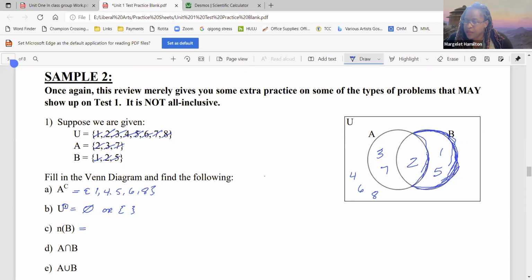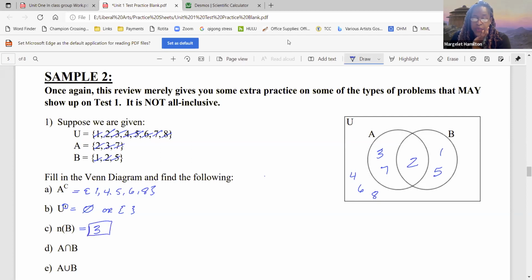Is that all of B? No, ma'am. I need you to get it in your heads that when they ask you to look at a set, you look at the whole circle and not just a piece of it, because then you're leaving out some stuff. So the cardinality of B would be 3.